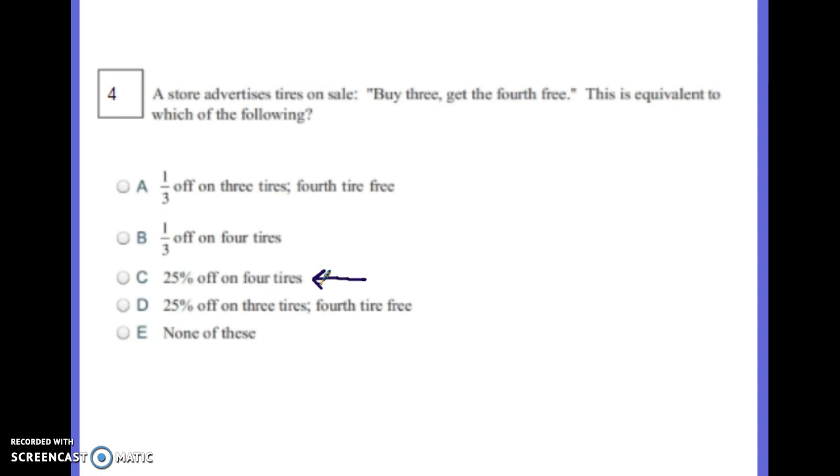So you're taking a fourth of the cost off of each of the 4 tires. So 4/4 would give you 1 whole tire. So that 1 whole tire would essentially be the one you're getting for free. So buy 3, get 1 free matches up with, or is equivalent to, statement C.